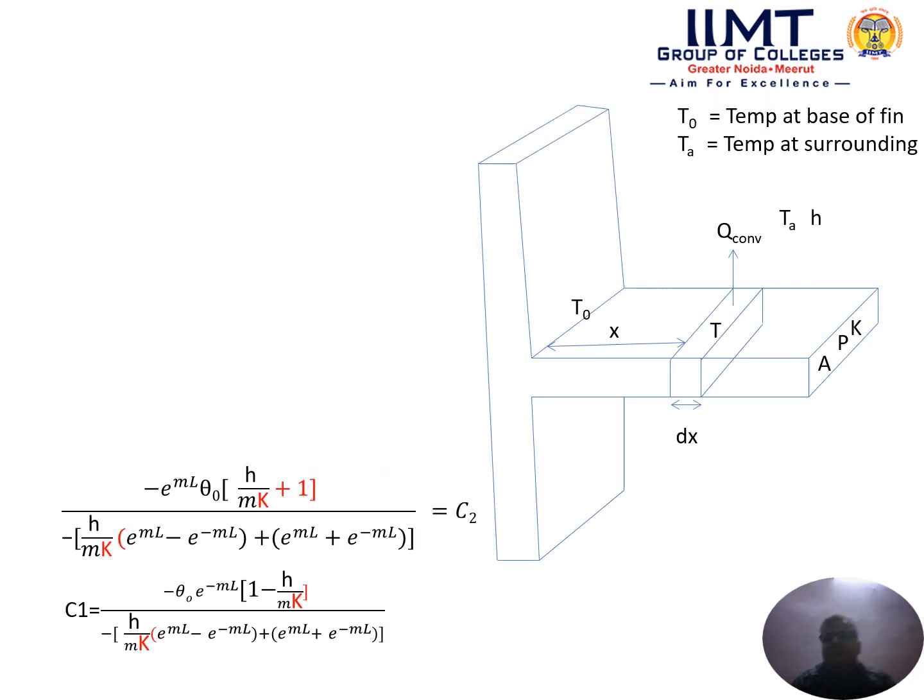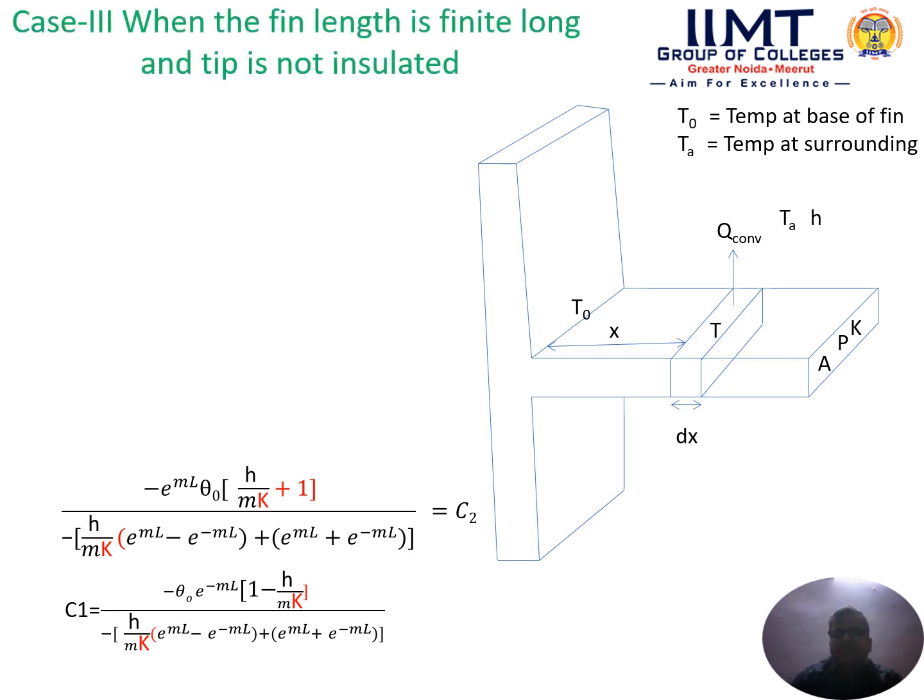Similarly, we can calculate for case number 3, when the fin length is finite long and the tip is not insulated. That means the tip is not insulated and there will be heat interaction from the tip of the fin to the surrounding by convection.